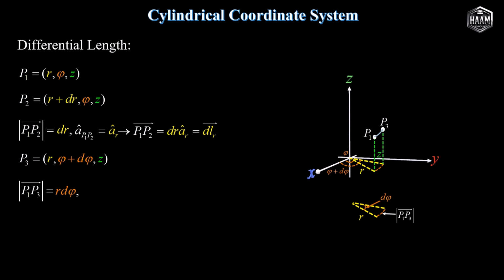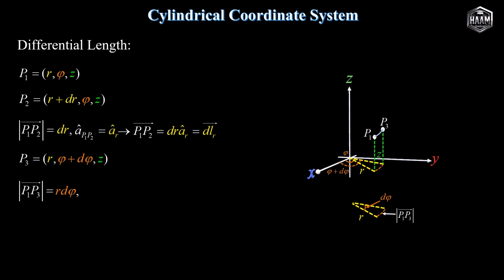This is in fact the length of an arc or a portion of a circumference. If our change in angle were 360 degrees, this relation would give 2 pi r, the full circumference of the circle.